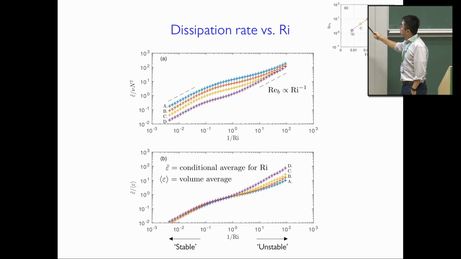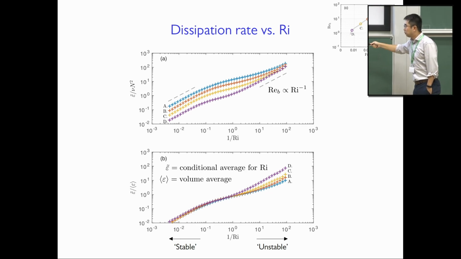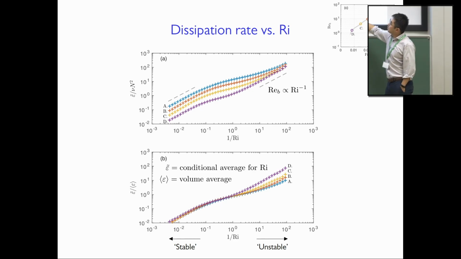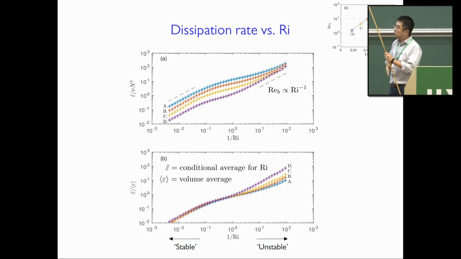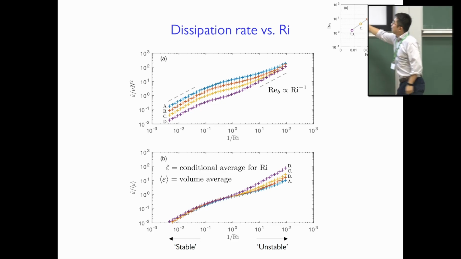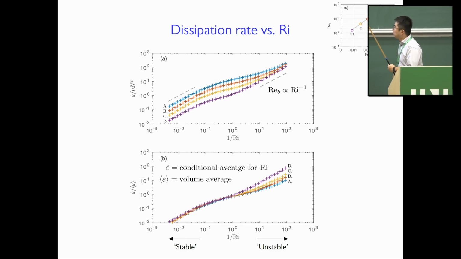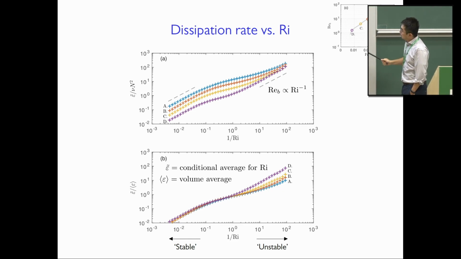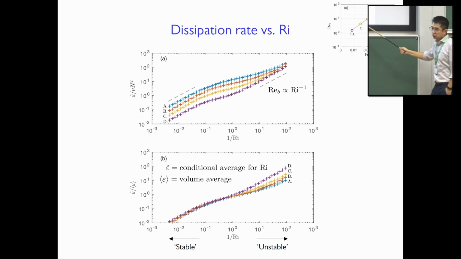And I think for the unstable limit, this is just mixing a passive scalar. And for the more stable scenario, because epsilon is dominated by the vertical shear components, in both limits you kind of expect this kind of power law, which is great. And for panel B, I'm showing you this conditionally sampled epsilon divided by the volume average.